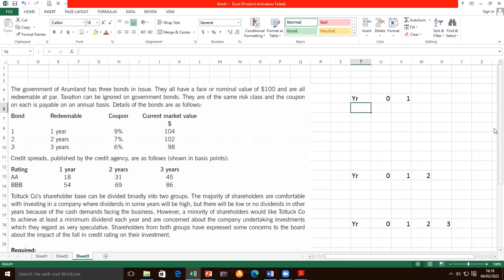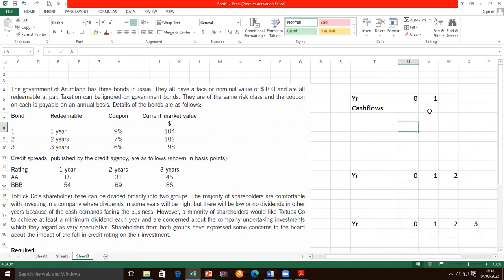This one, what are the cash flows? What are the cash flows for the first one, the one which expires in 1 year? In 1 year's time, there's a cash flow of how much? 109. And then there's a discount factor. We don't know at what rate.